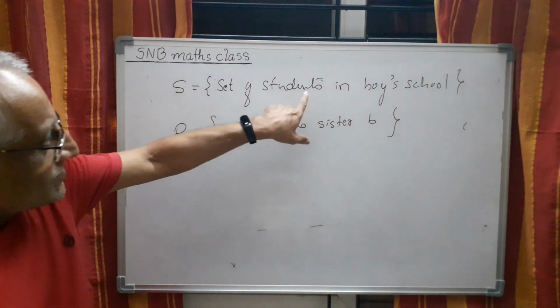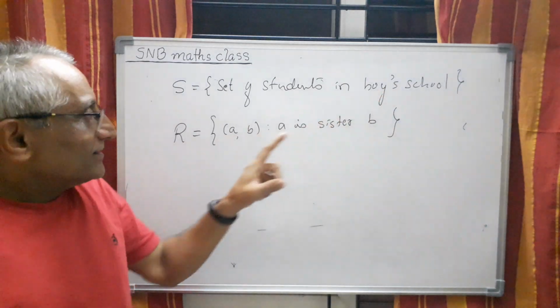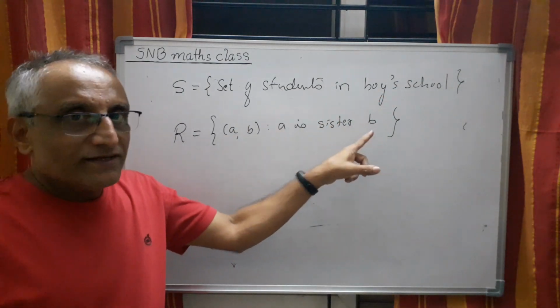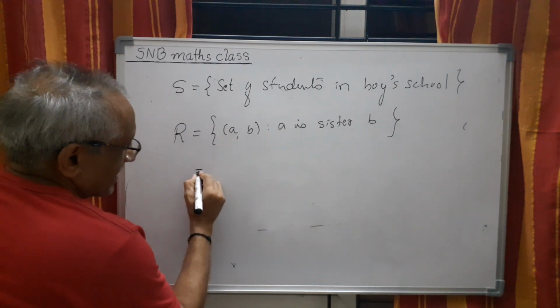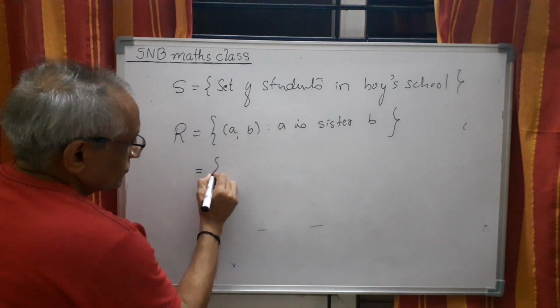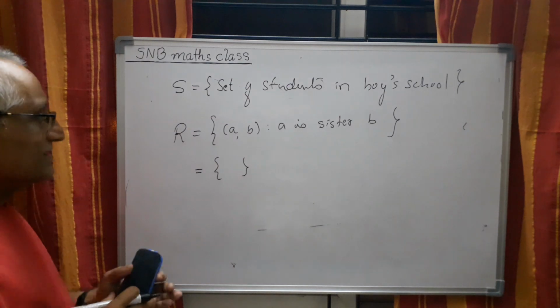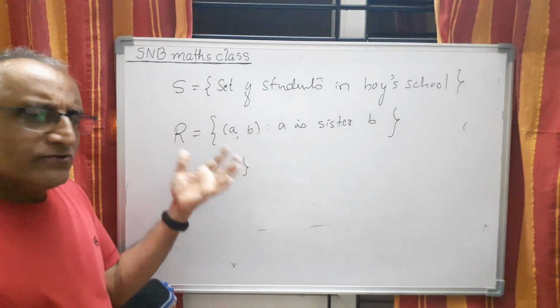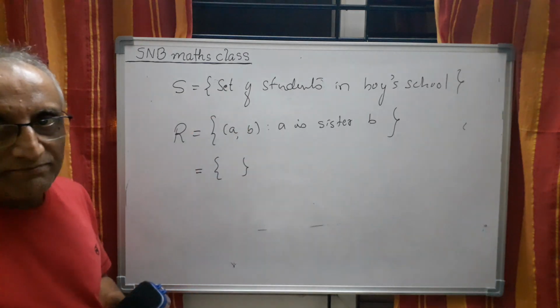Then since the school itself is a boys school, there cannot be any girl here. So this set cannot have any element. That means this should be empty. So this is an example of an empty relation. Like this you can give your own example for an empty relation.